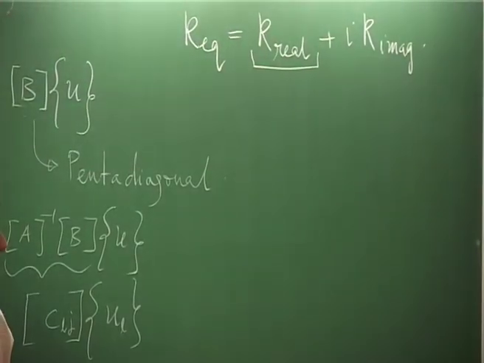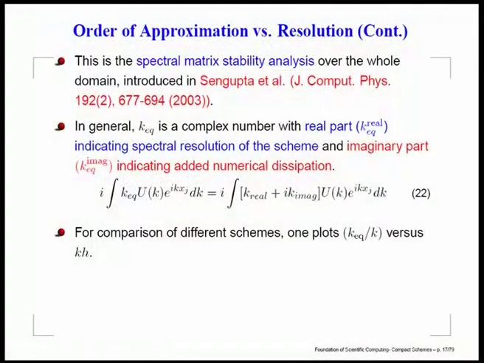However, what does the imaginary part do? Look at the iota sitting outside and there is one inside. So this will give us something like e to the power minus k imaginary into x. So whenever you would estimate this k equivalent, the real part would tell you how well the phase has been represented, while the imaginary part will tell you if you have added numerical dissipation.